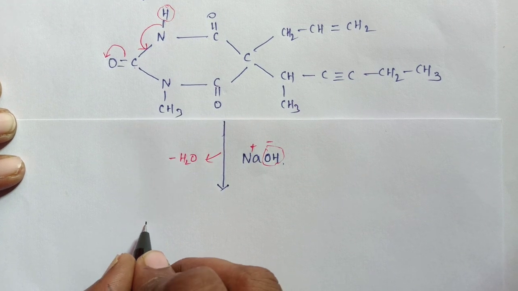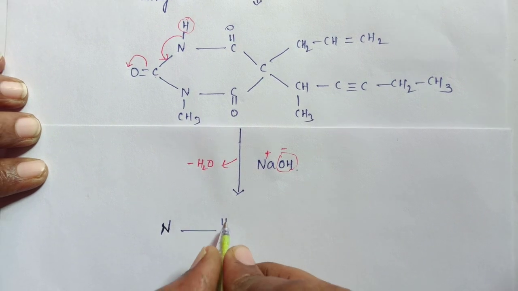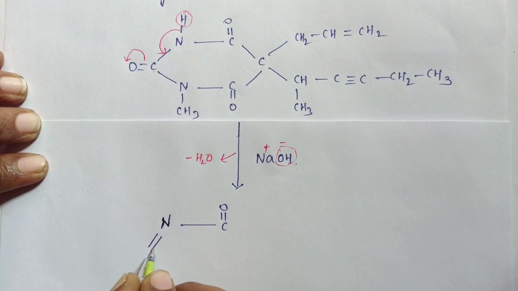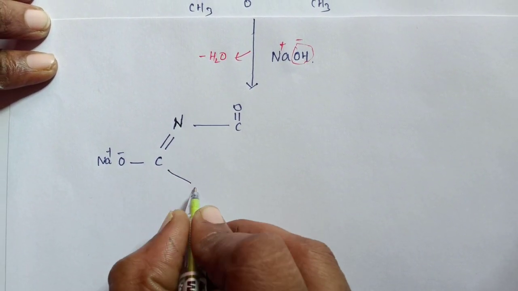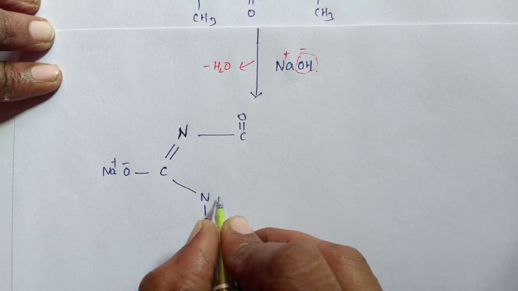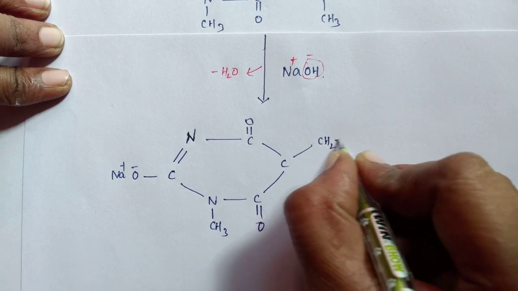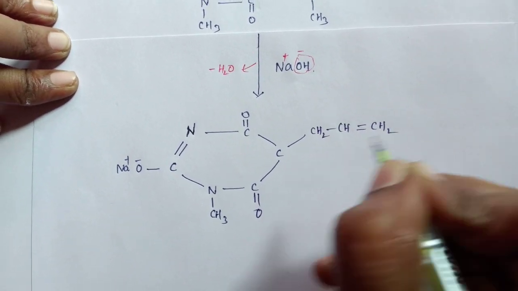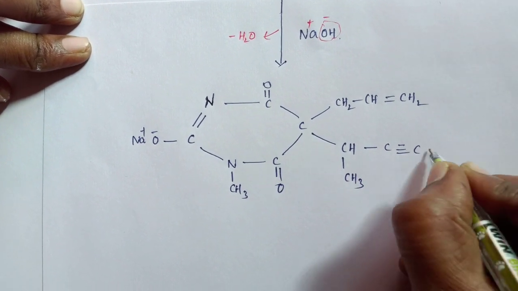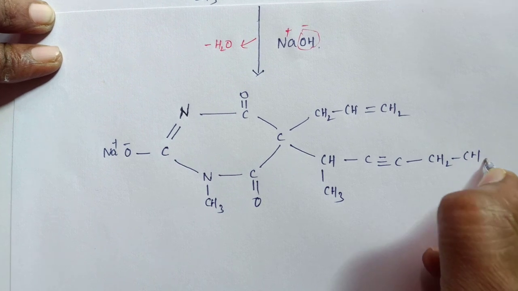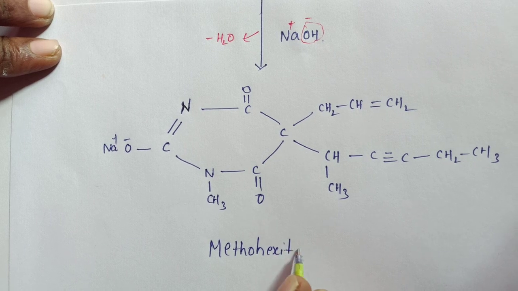And finally we write down the structure as N, C double bond O. Here we are getting double bond C, O minus, there is attack of Na plus, and finally it gives the remaining structure as it is, C double bond O, C, here CH2, CH double bond CH2, here CH, CH3, C triple bond C, CH2, CH3. This is nothing but methohexitol sodium.